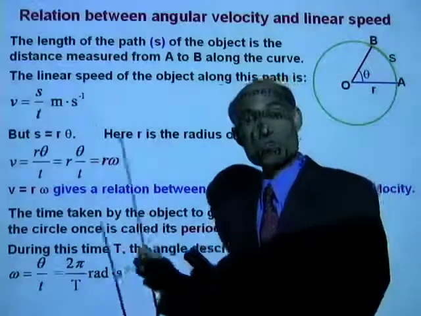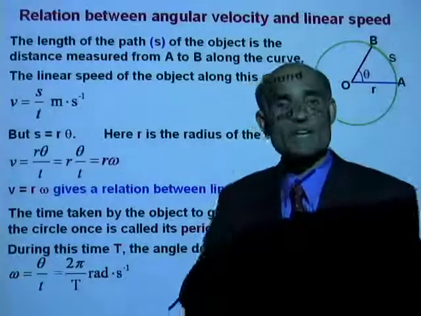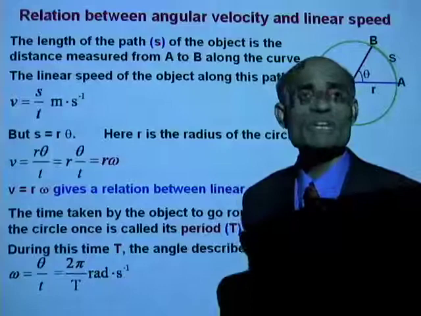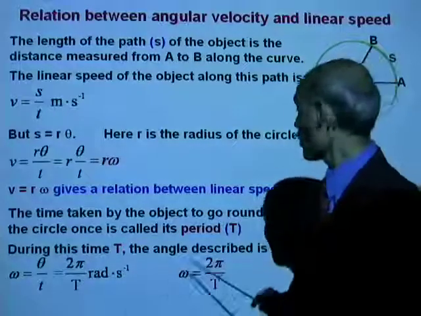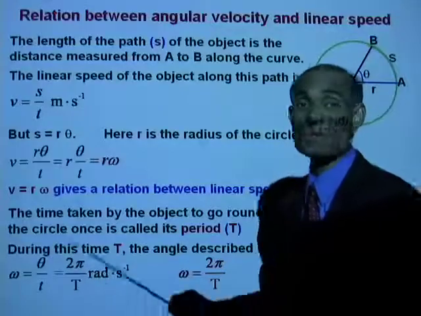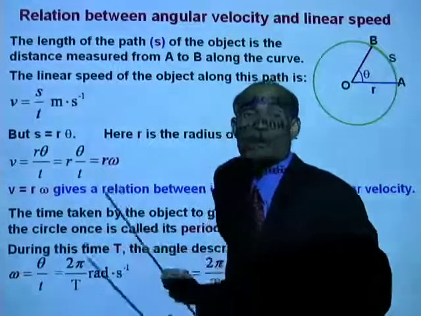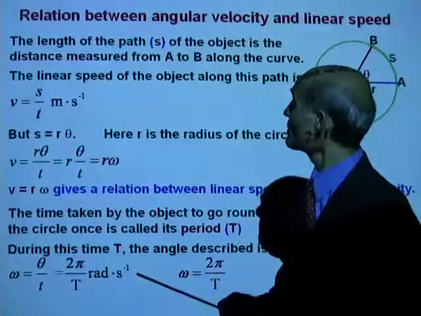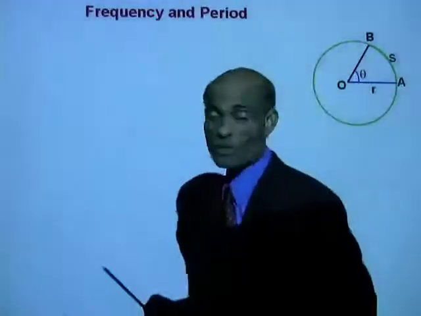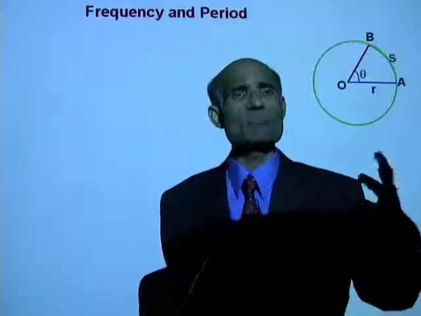Alright, take a note of these and keep all these important relations in a place where you can reach it very easily. So omega equals 2 pi divided by the period, and the linear speed equals r omega. Okay, let's now talk about the relation between frequency and period.